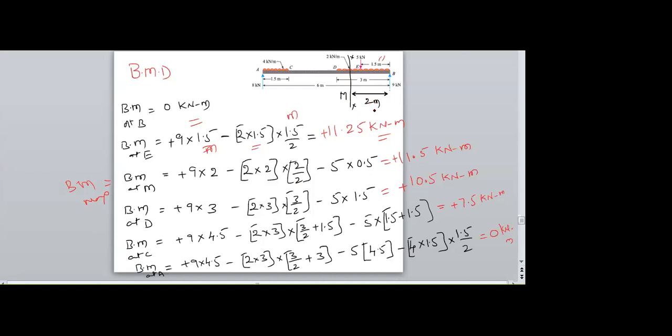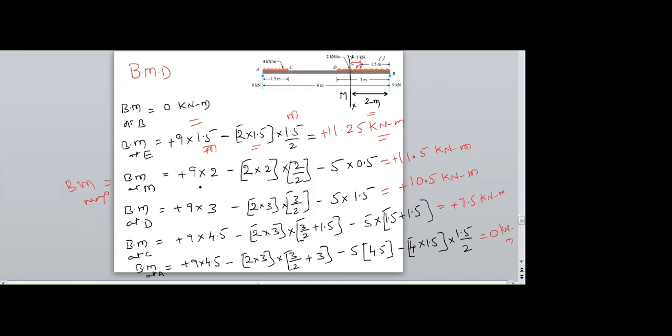Therefore, the total distance from M to B is 2 meters. This is 0.5, this is 1.5. Therefore, I am getting 2 meters as the total distance.